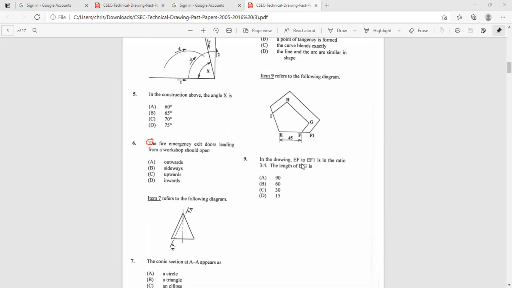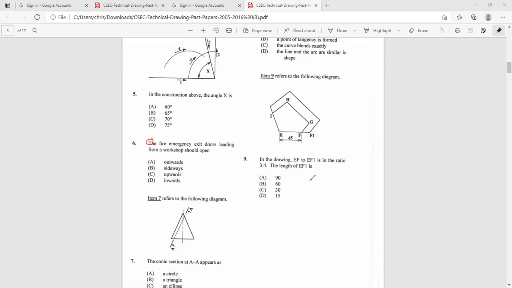In the triangle EF and EF1 in the ratio 3 to 4, what is the length of EF1? So the ratio is 3 to 4. So this would be 4. This is basically maths.